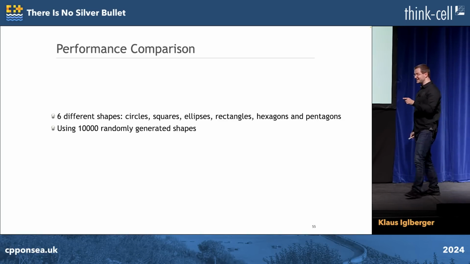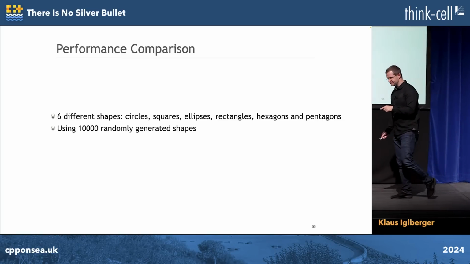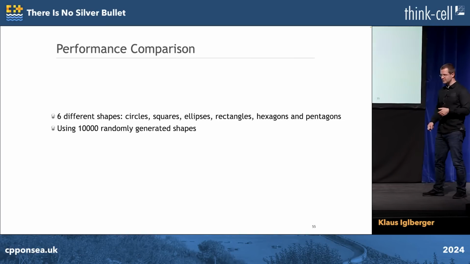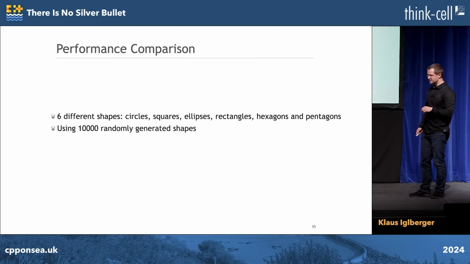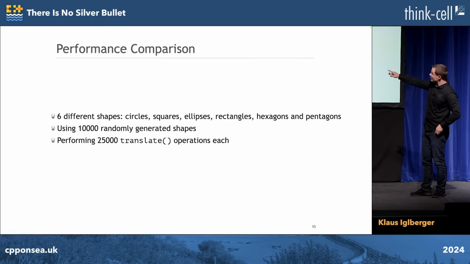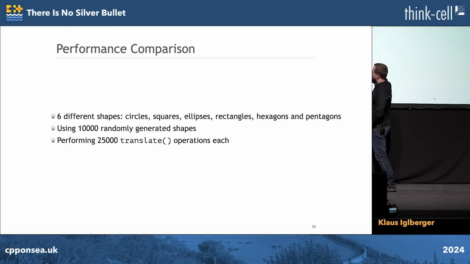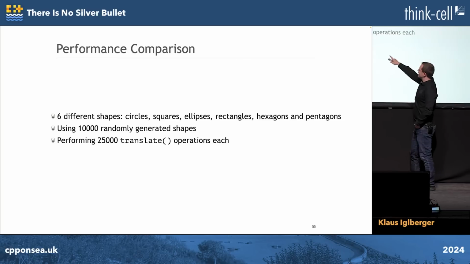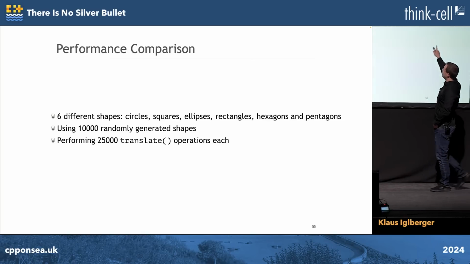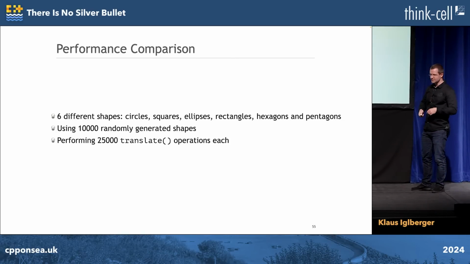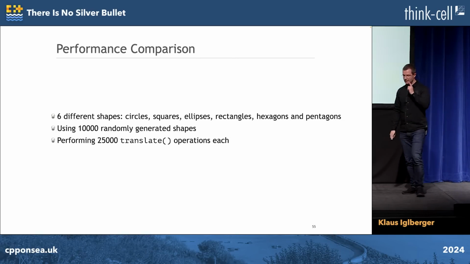Then I'm using 10,000 random shapes, really random, because I do not want any compiler or optimizer to optimize too aggressively here. Then I run 25,000 translate operations, simple operations, which actually happen to be the same for all the different shape types, which is important. So it doesn't really matter which shapes I create, but still random.